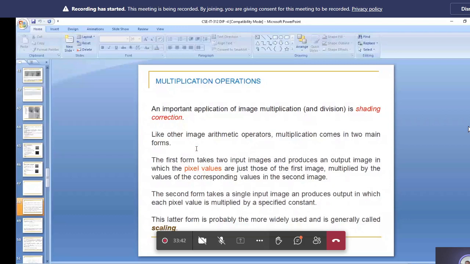Now the multiplication of two images is performed in a pixel-to-pixel way in a single pass using the formula Q(i,j) = P1(i,j) × P2(i,j). Scaling by a constant is performed using the formula Q(i,j) = P1(i,j) × C, where C is a constant.